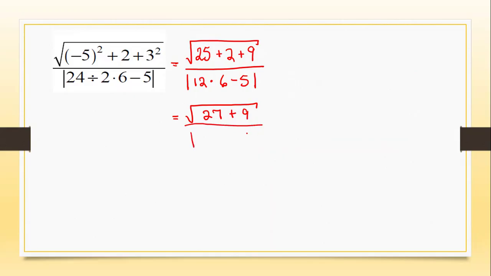The absolute value, 12 times 6 is 72. Subtract 5. We have 27 plus 9, giving us 36. And 72, subtracting 5, giving us 67. There's nothing common to 36 and 67, so our problem is complete.